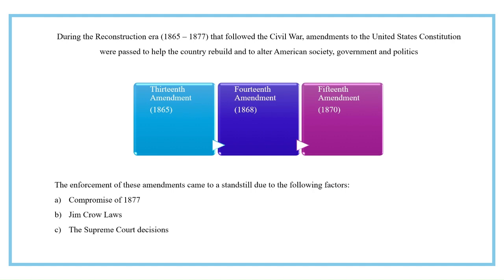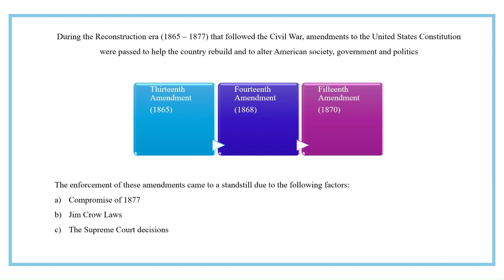A. The Compromise of 1877, which ended federal interference in Southern affairs, led to the withdrawal of the troops stationed in the South. B. Some states in 1876 and after that passed Jim Crow laws that limited the rights of African Americans.